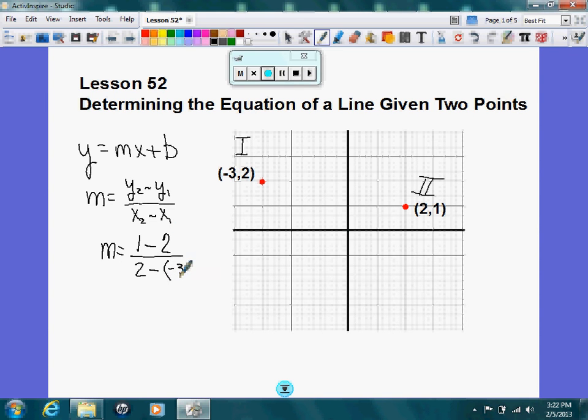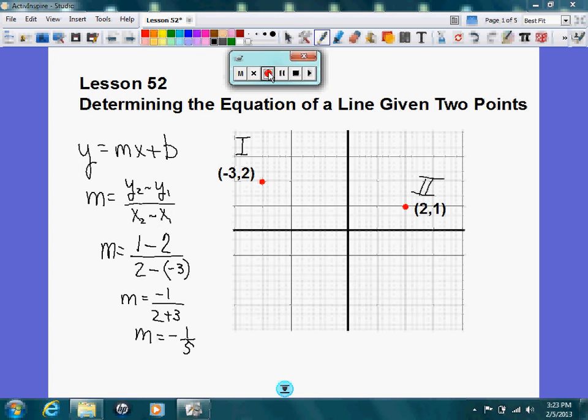So 1 minus 2 is -1, and 2 minus a minus 3 is a +3. So our slope then, m, is equal to -1 over 5. There's our slope.